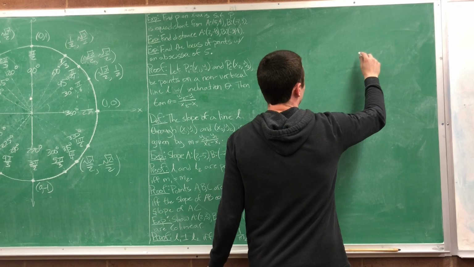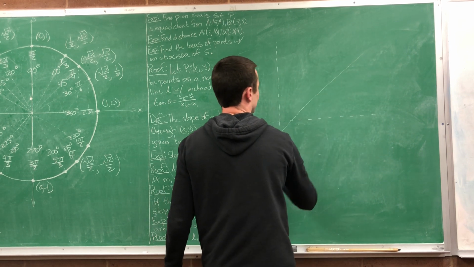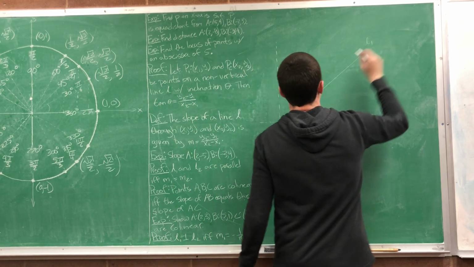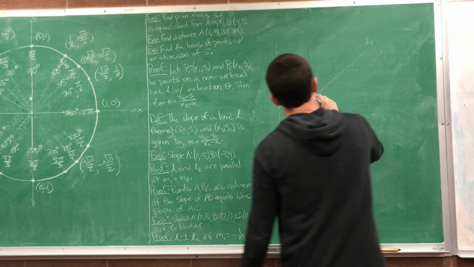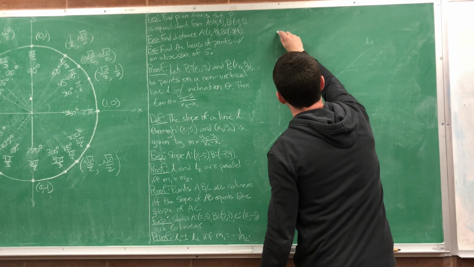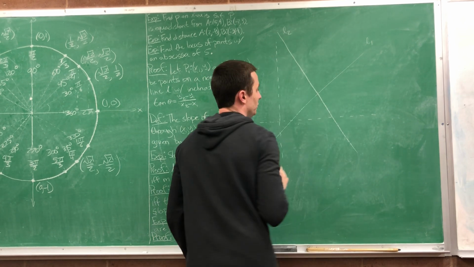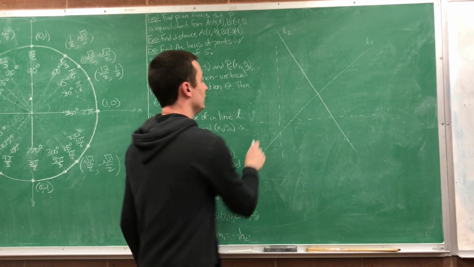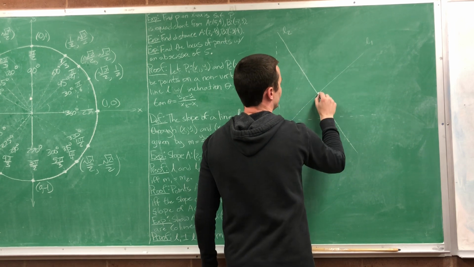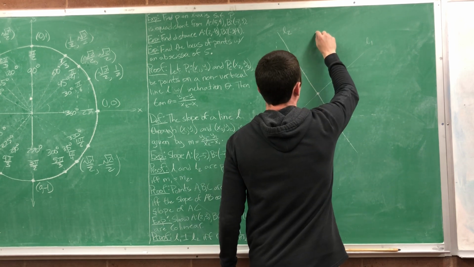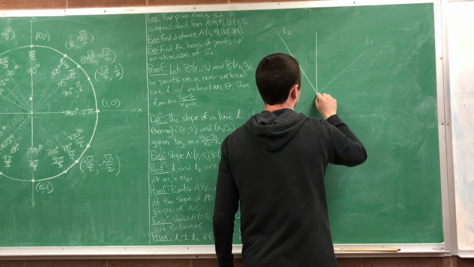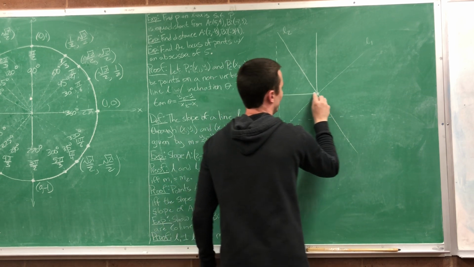So any two lines we want, I'm going to call this one L1. I'm going to call this one, try and make it look like they actually intersect at right angles, L2. With me? Now I'm going to draw a new coordinate system right down through the center of these things to help me reason about it. Which is why I drew my first coordinate system so light, so I won't get confused.